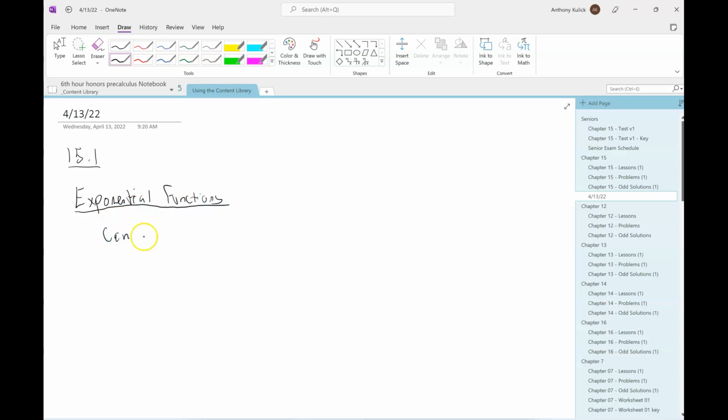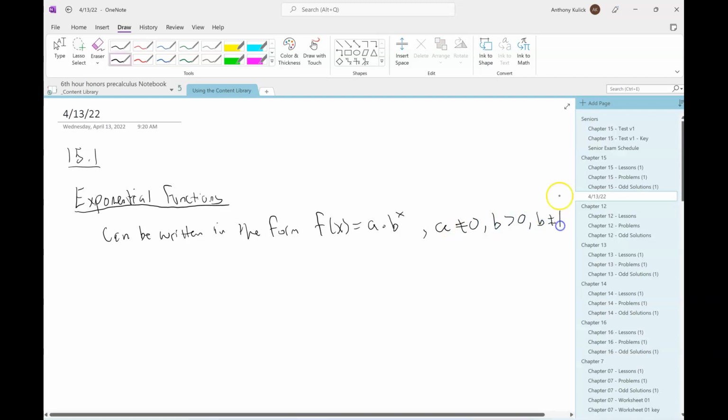Exponential functions can be written in the form f of x equals a times b to the x, where a is not 0, b is positive, and not equal to 1. So that's kind of like a lot of criteria there.